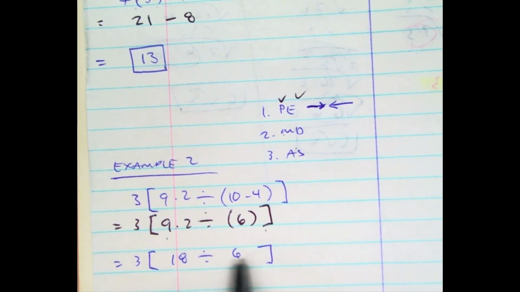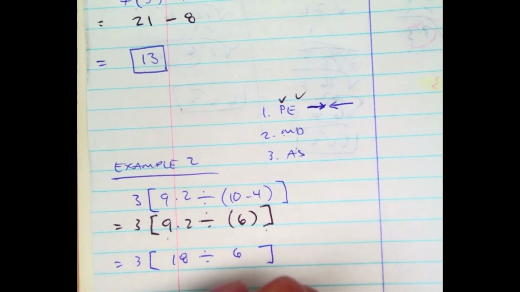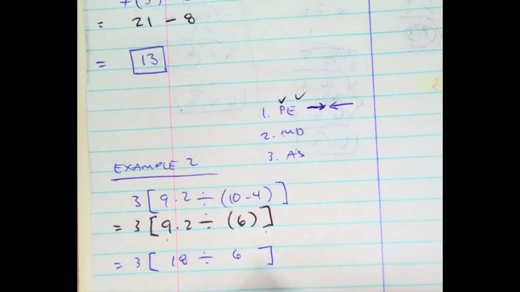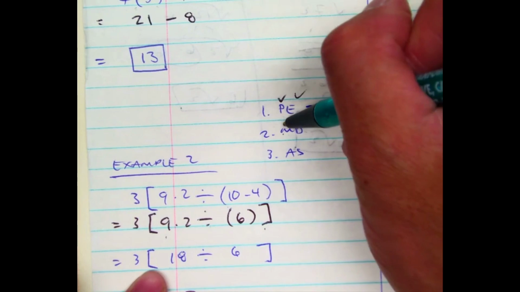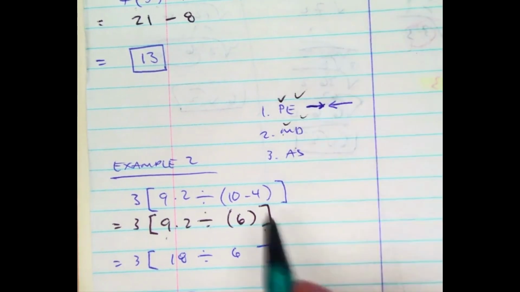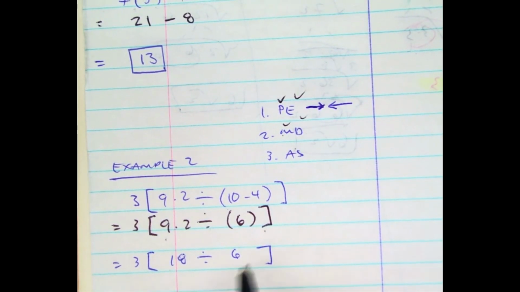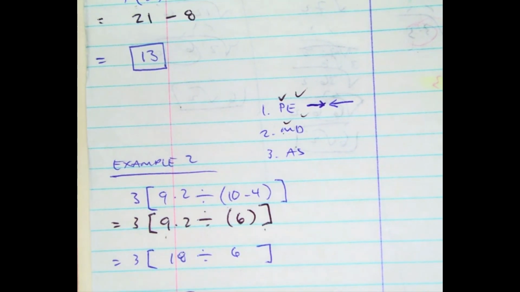And then 18 divided by 6 is... So I finished the bracket, I did multiplication and division inside those. No addition and subtractions, we're just multiplying 3 times 3 is... And don't forget to box your answers when you're done.